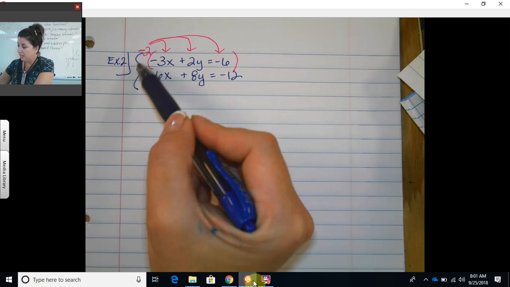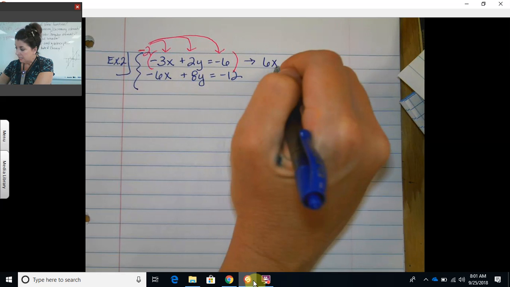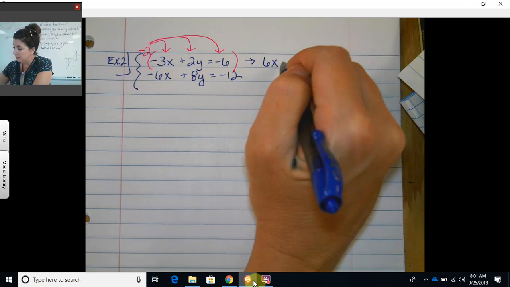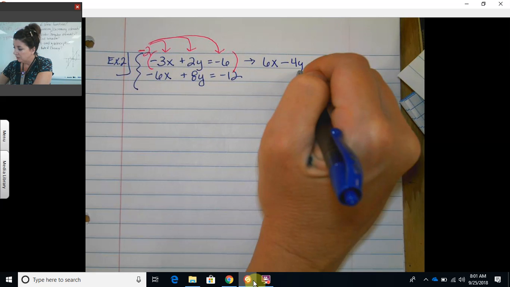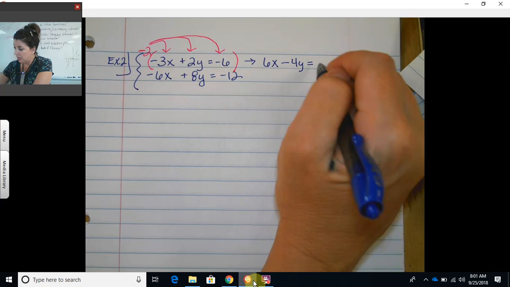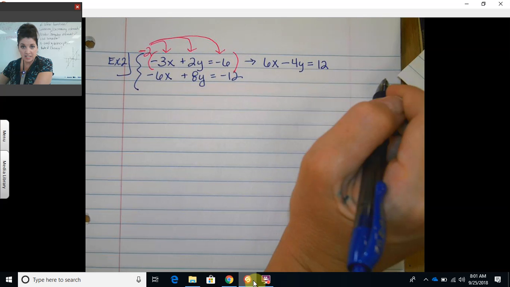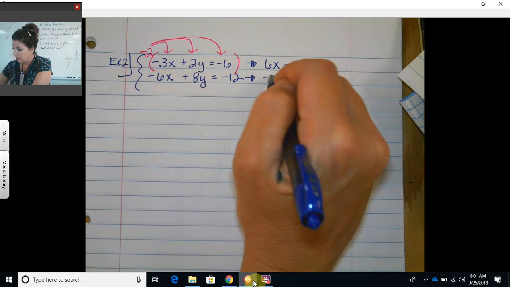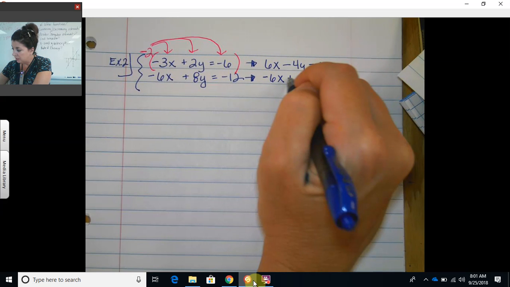So negative 2 times negative 3x is positive 6x. Negative 2 times positive 2y is negative 4y. Then don't forget your equal sign. Negative 2 times negative 6 is positive 12. Now in this case, the bottom equation doesn't have to be multiplied by anything, so I'm just going to rewrite it so that everything lines up and I don't confuse myself.